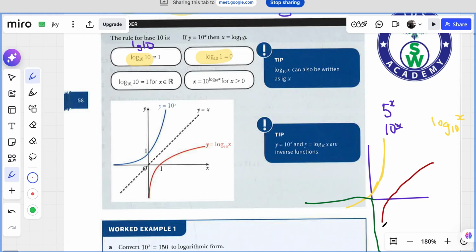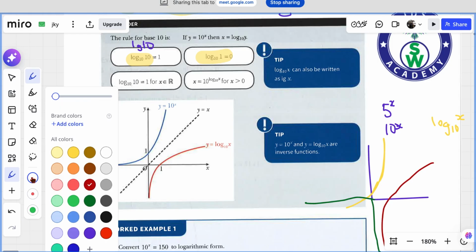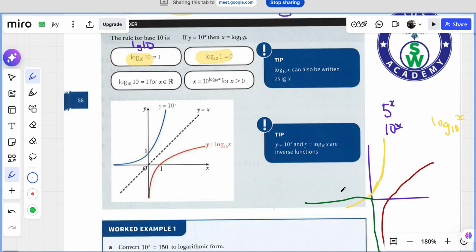This is the logarithm, which is the opposite of the exponential function. The exponential function is going like this, or more steeply going like this.